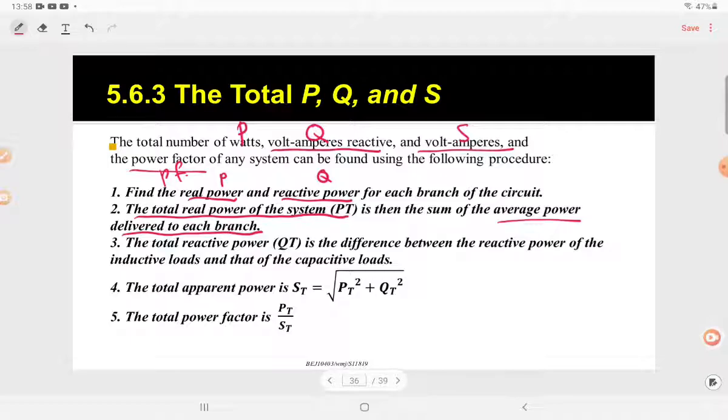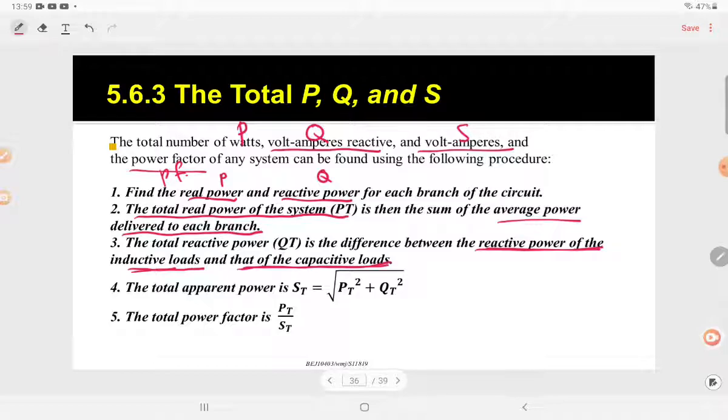The total reactive power, QT, is the difference between the reactive power of the inductive load and that of the capacitive load. So in order to find the total reactive power, you need to find the difference between the reactive power of the inductive load and the capacitive load, right?